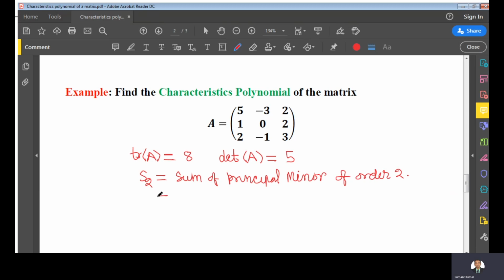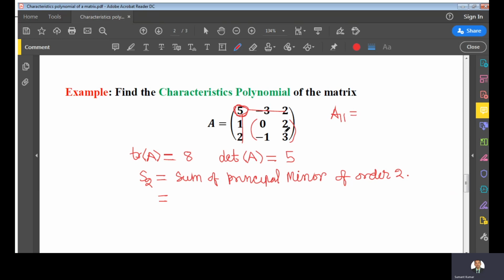See, if you want to find A11, this is the principal diagonal element, right? Corresponding to this element, if you want to find the minor, you will delete this row and corresponding column, and you will get a submatrix. The determinant of this submatrix gives the minor corresponding to A11.